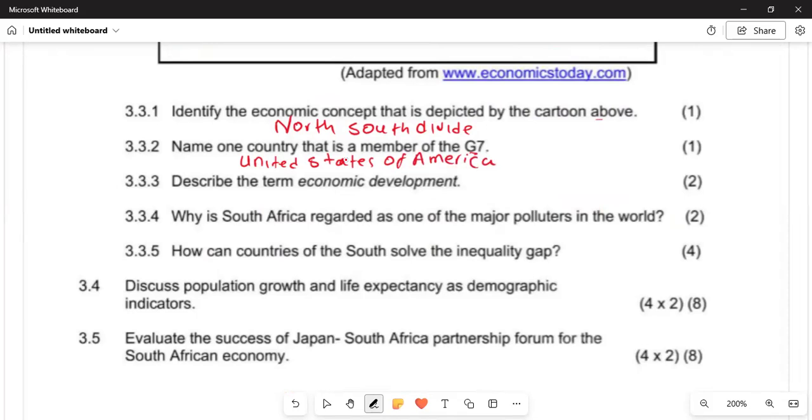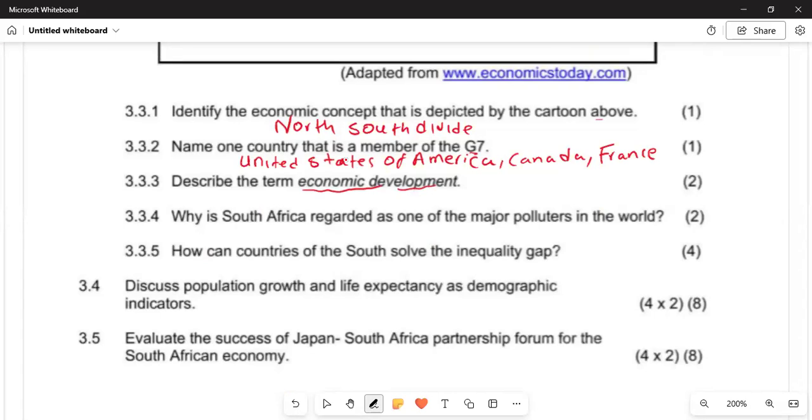We can talk of Canada as well. Canada is a member of the G7. France as well. We can talk of Italy, Germany, Japan, United Kingdom. They are also members of G7.